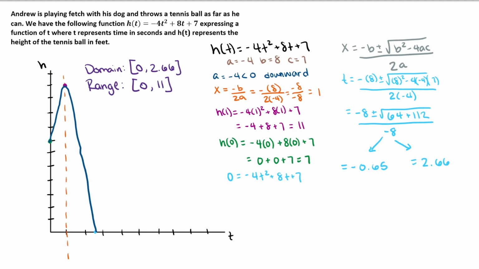We also see that it takes, from Andrew throwing the ball, 2.66 seconds for the ball to hit the ground. So from 0 to 1 second, the ball is rising, and from 1 to 2.66 seconds, the ball is falling. We also know Andrew is pretty tall, or he's hitting a high arc, maybe he's standing on a box, because the starting point for that throw is 7 feet.